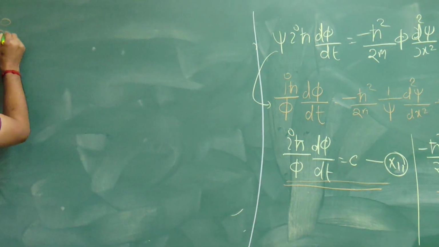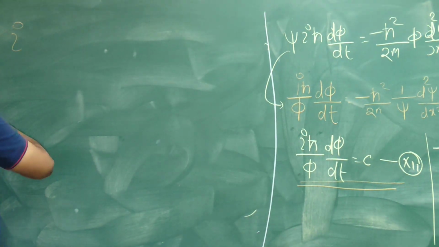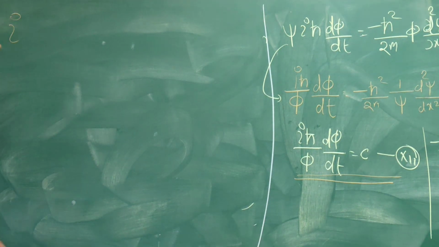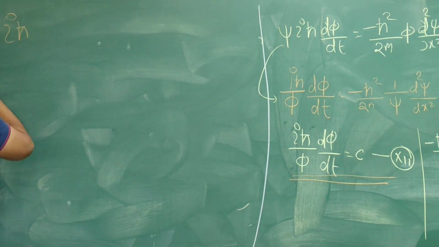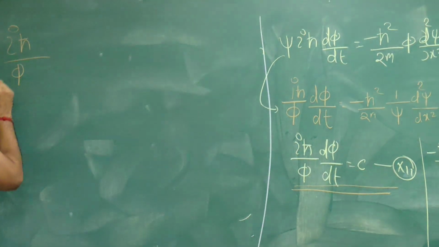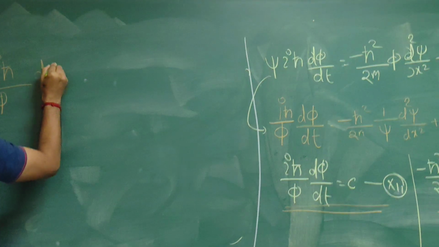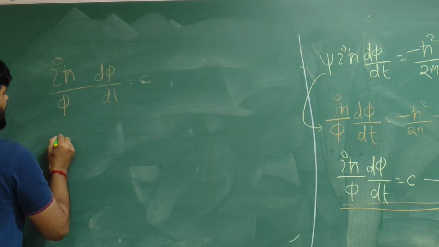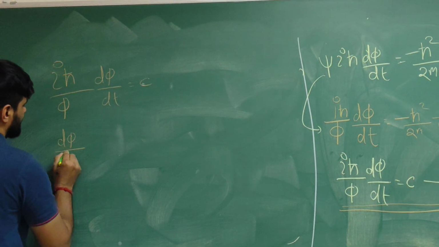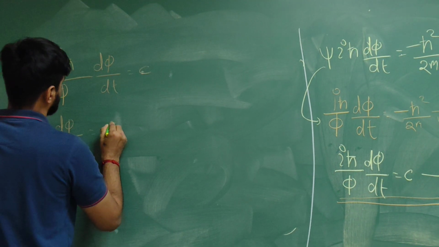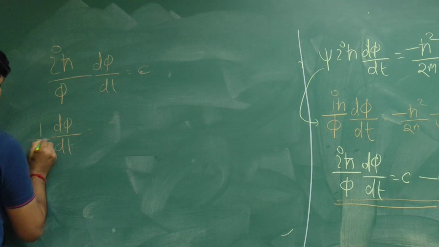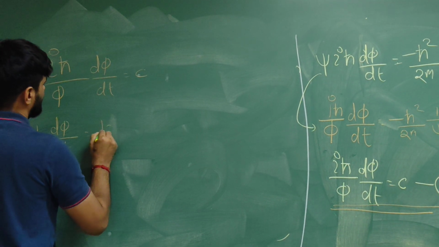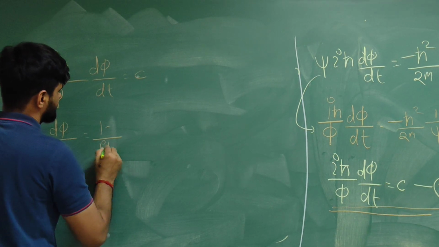So here you can say that i h-bar divided by phi, and obviously d phi by dt equals to c. So you can write here d phi by dt, that is 1 upon phi d phi by dt, that can be written as 1 upon i h-bar c.